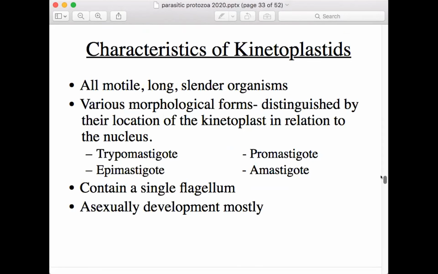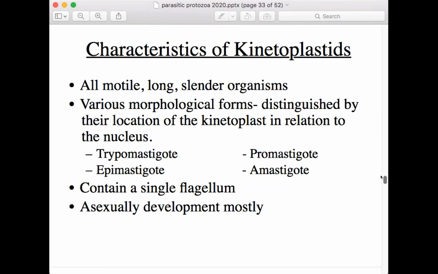So let's jot down some quick characteristics of these kinetoplastids. They're typically all motile, long, slender organisms. These organisms have various morphological forms that are distinguished by the location of the kinetoplast in relation to the nucleus.